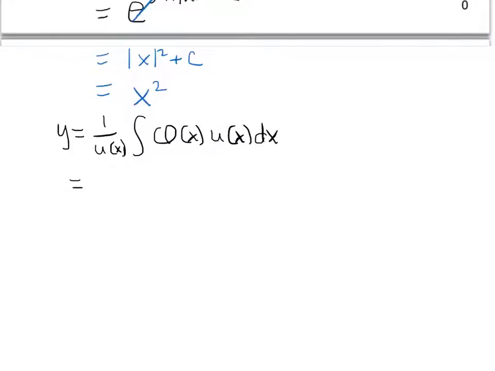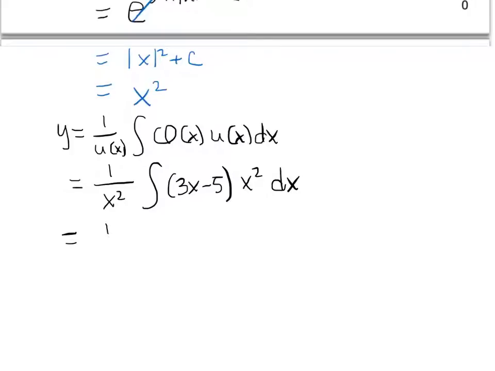So I'm just going to plug in everything that I've been given. So 1 divided by u of x, which was actually x squared, times the integral of q of x, which we said was 3x minus 5, times u of x, which we said was x squared, dx.